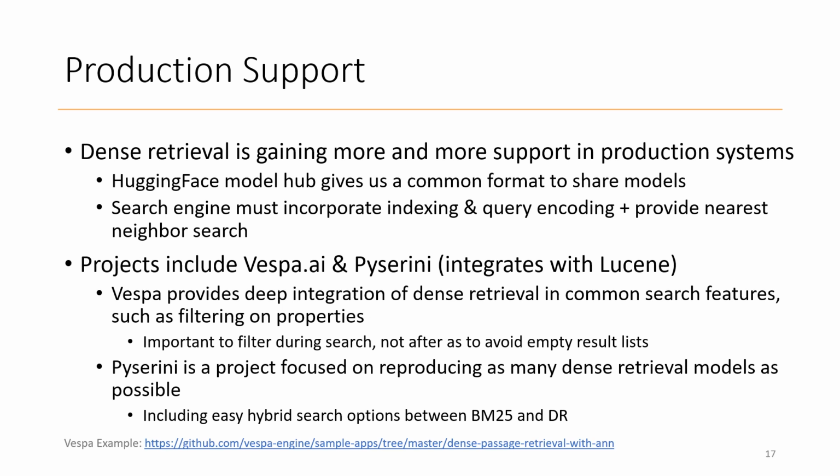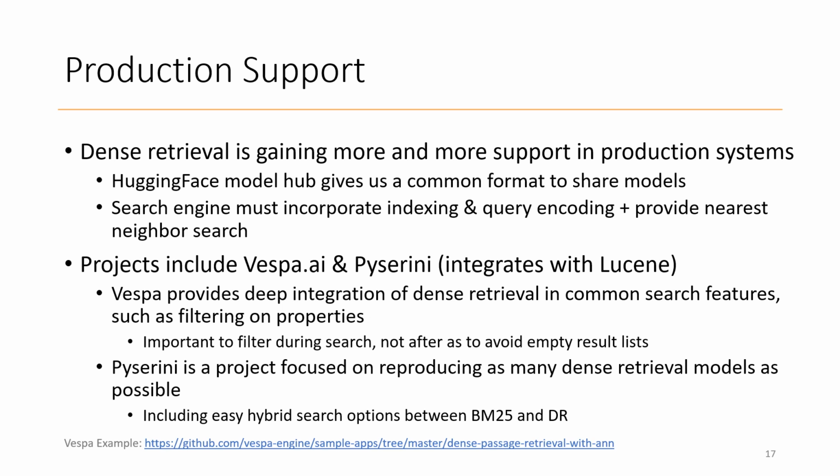Then search engines must incorporate the indexing and orchestration of the query encoding, as well as the nearest neighbor search themselves. Some projects that already do that are Vespa AI and Pyserini.